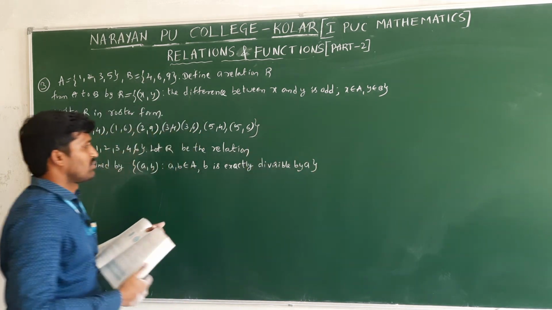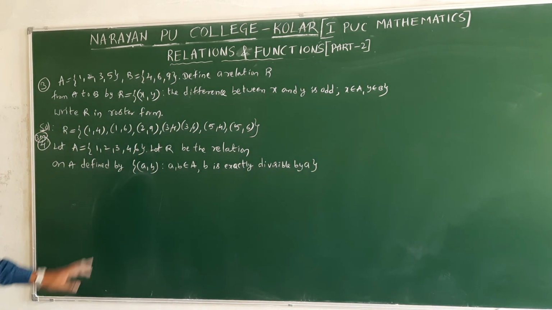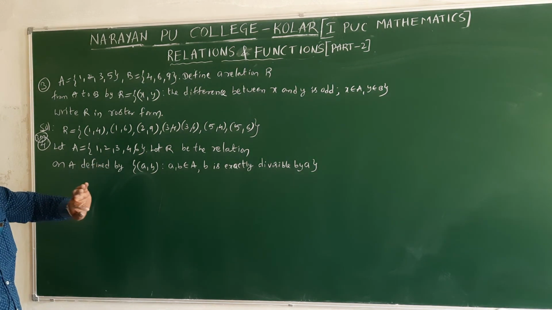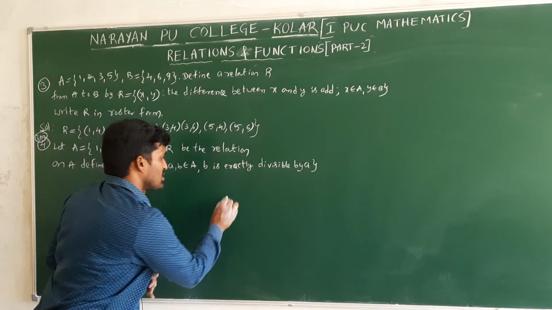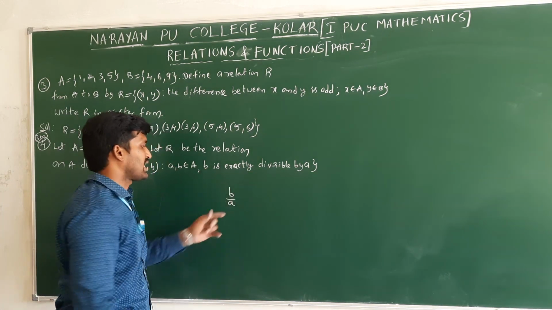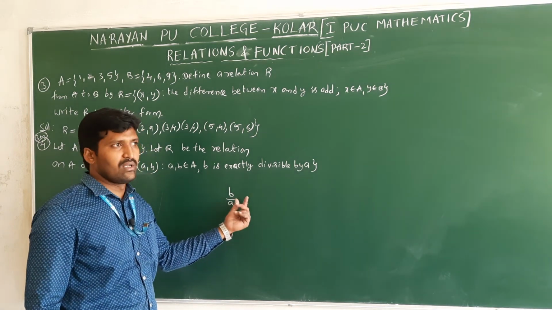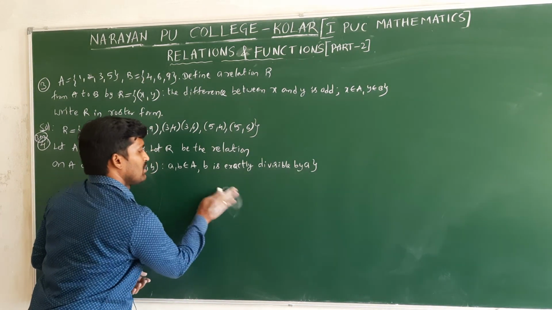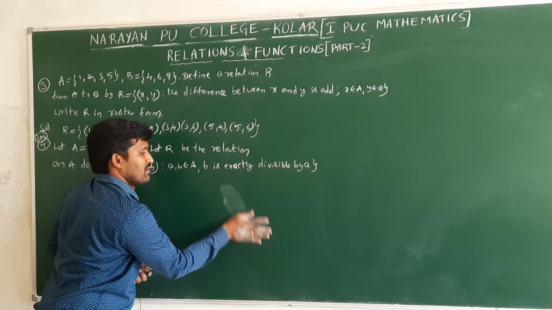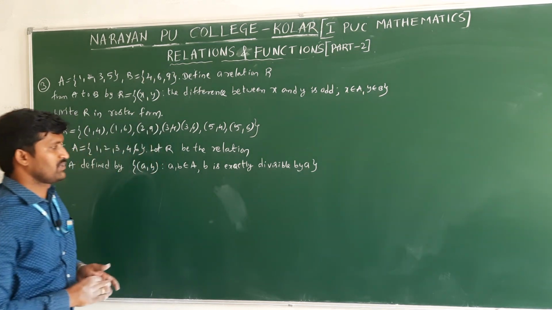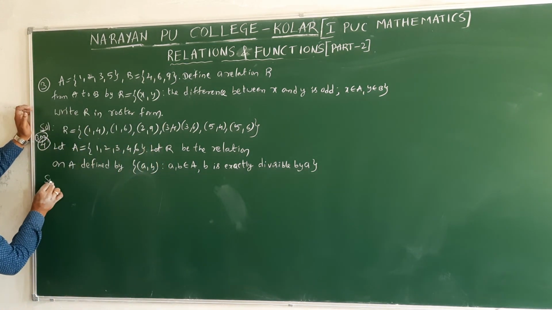Only a single set is given. That's why b is exactly divisible by a means what? If we divide b by a, we need to get a perfect value, not any decimal part. Only we need to get an integer, no remainder.